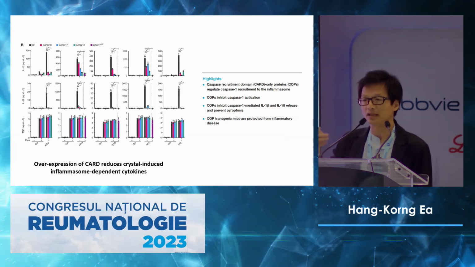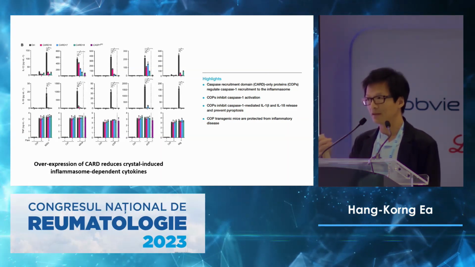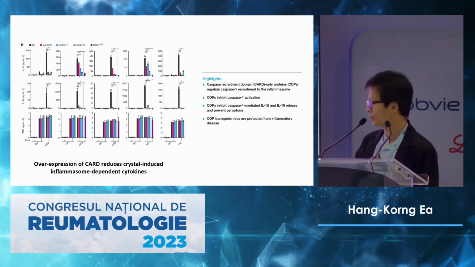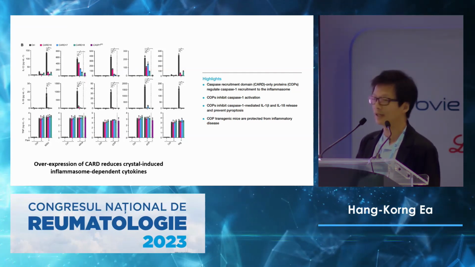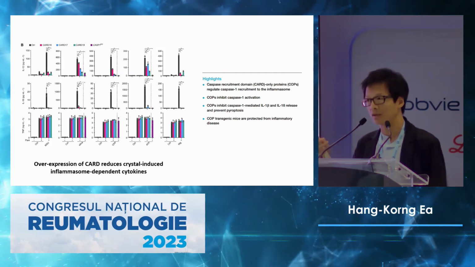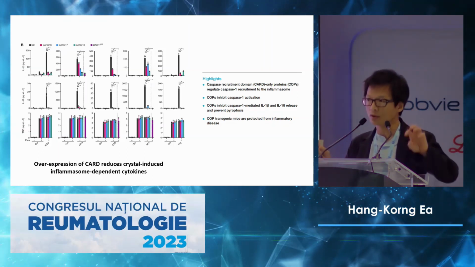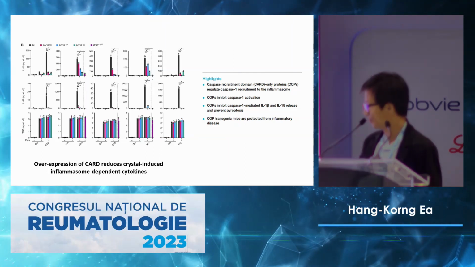These cytokines are inflammasome-dependent, but the production of TNF-alpha, an inflammatory cytokine independent of the inflammasome, was not modulated by the overexpression of this protein. So it is very specific in reducing the inflammatory cytokines dependent on the inflammasome.